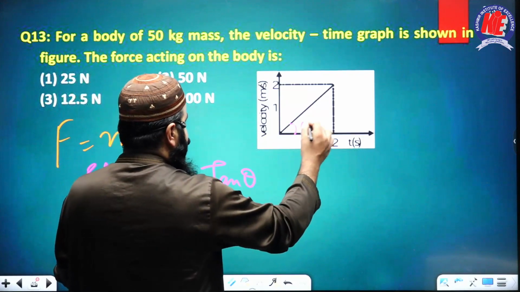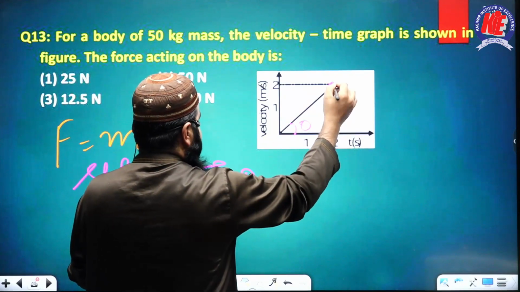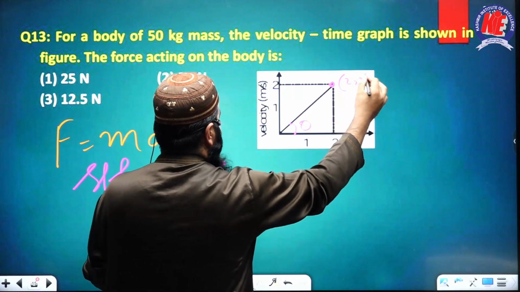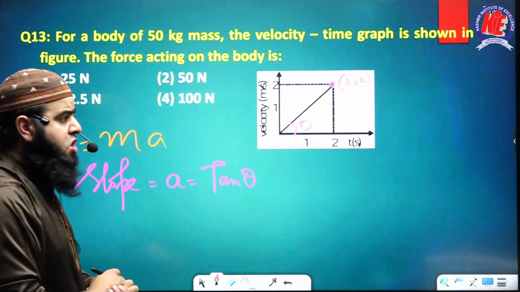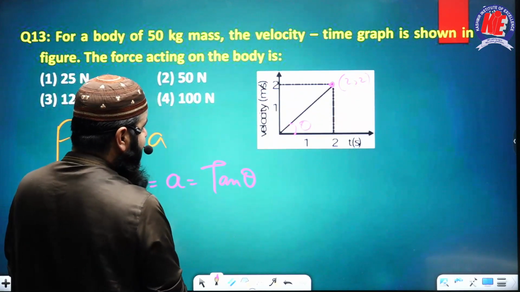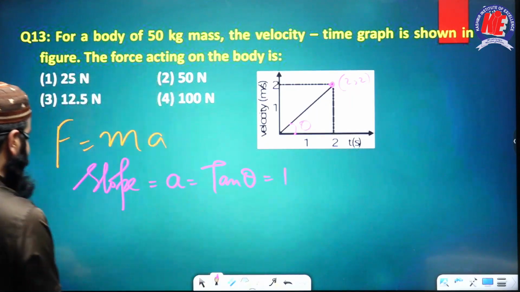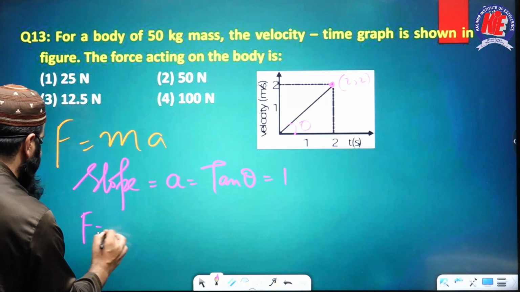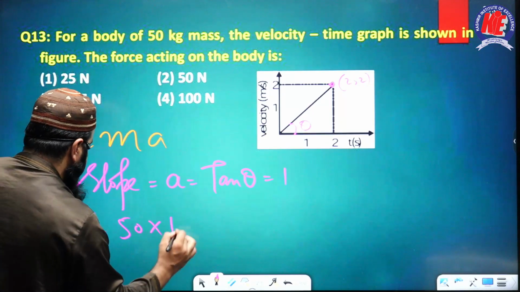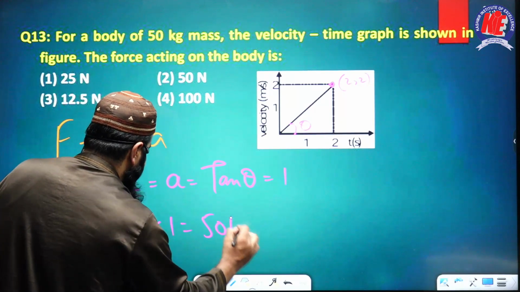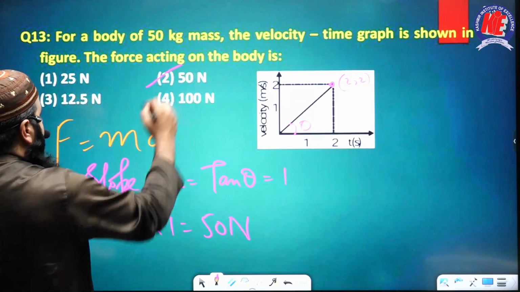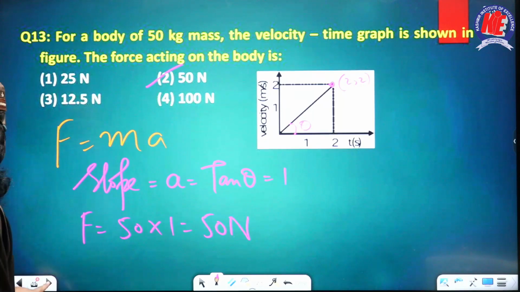If this angle is theta, then ये वाला पॉइंट अगर देखा जाए इसके कोऑर्डिनेट्स आपको 2,2 है, आप यहां से चेक कर सकते हो. So the slope is simply tan of 45 and tan of 45 is 1. So the force will be given by mass 50, acceleration 1. The answer is 50 newtons. So here we go with option number 2 as the right one.